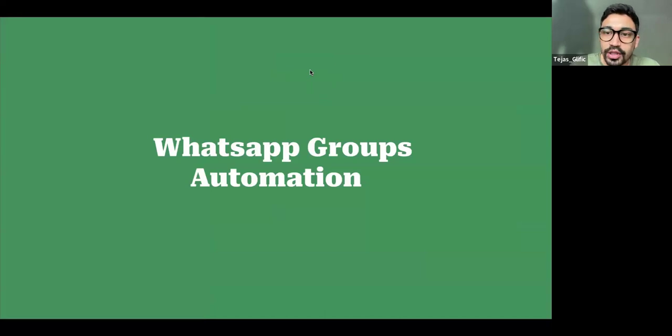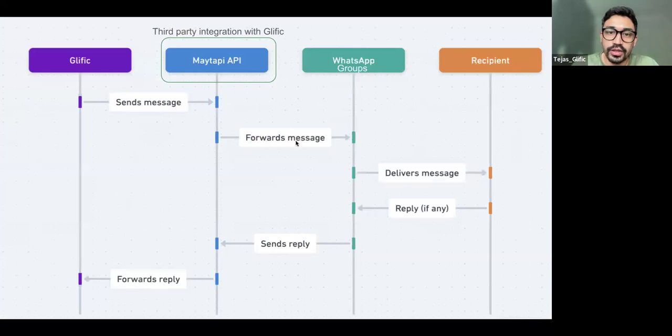We have gotten this from a lot of NGOs, so we started building things. What we have built, we're calling WhatsApp groups automation. I'll quickly show the overview of the solution. In the previous setup, to enable one-on-one conversations, we had integrated with Gupshup as the intermediary.